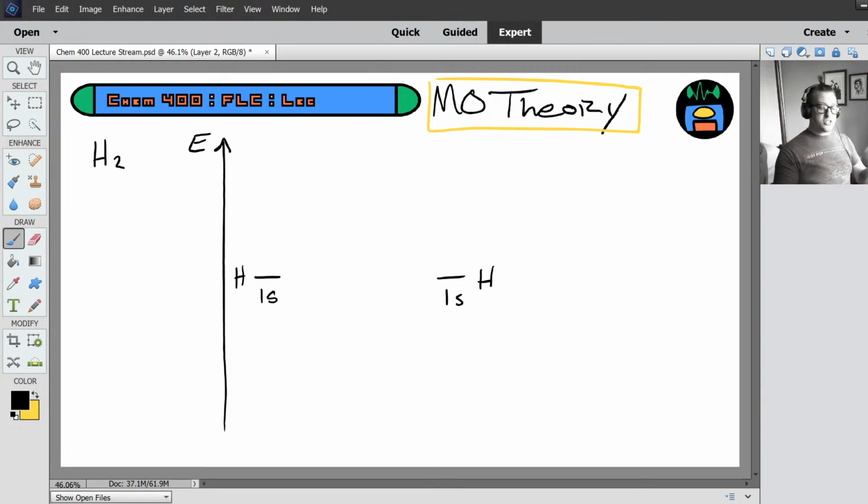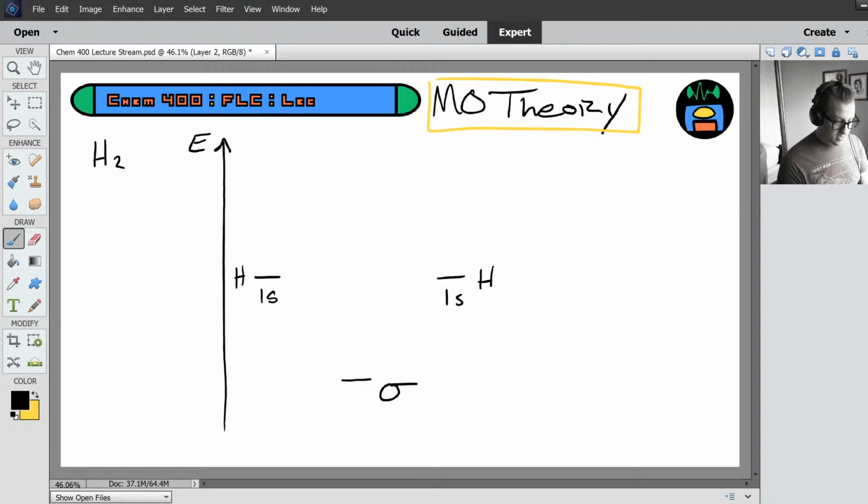These two drawn at these positions represent the two atomic orbitals on hydrogen before they're close enough to bond with each other. And as you move to the center of the diagram, they get close enough to mix and form our two new orbitals. Now, of the two orbitals that form, one is lower in energy because it is between the two nuclei.